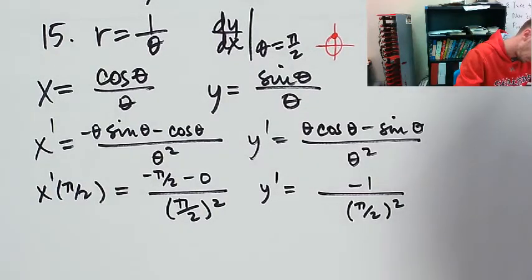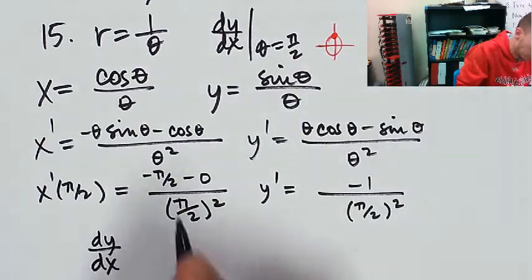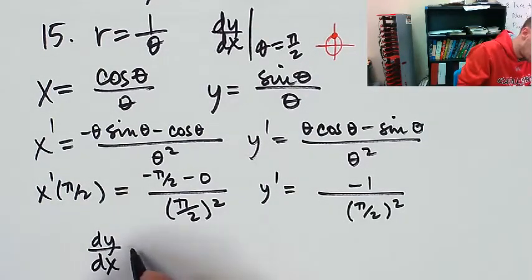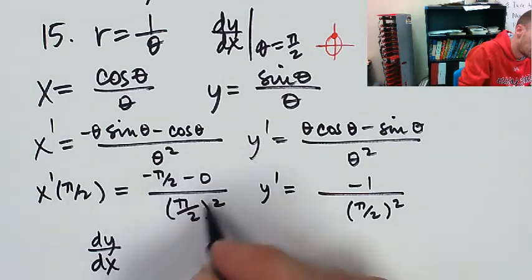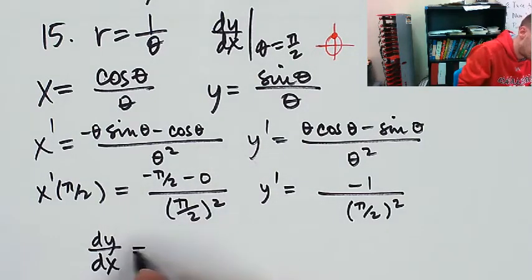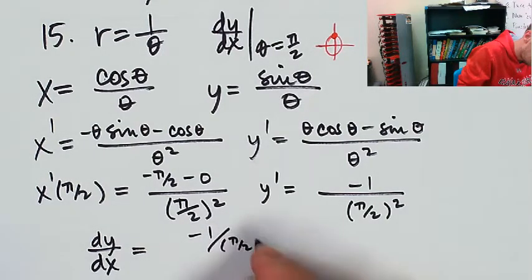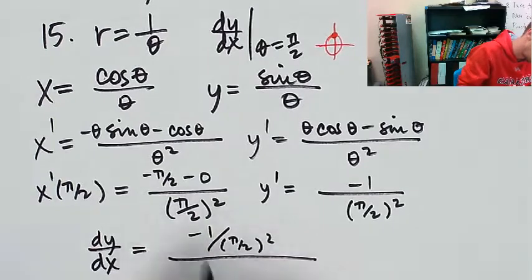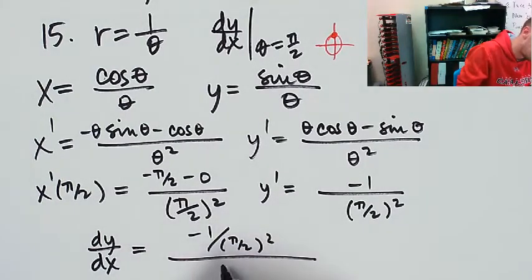Okay, y prime divided by x prime is going to be, this is just negative pi over 2 on top, and so the pi over 2 in one of those powers would be able to cancel, but maybe not. Maybe I'll say negative 1 over pi over 2 squared divided by, yeah, this is negative 1 over pi over 2.